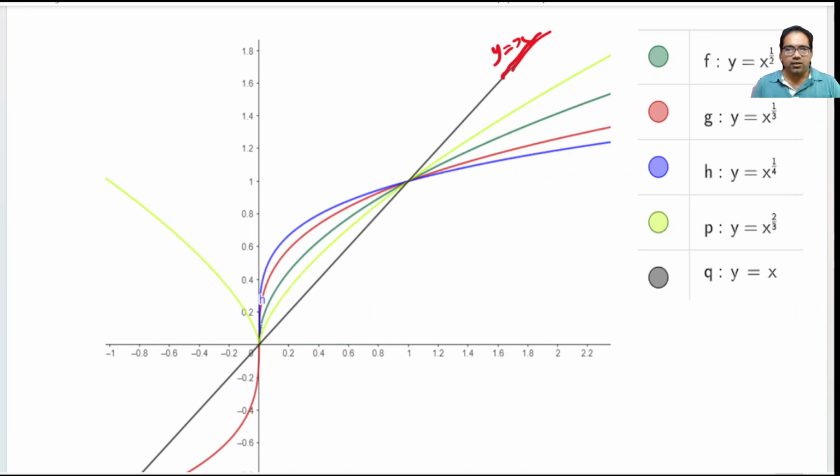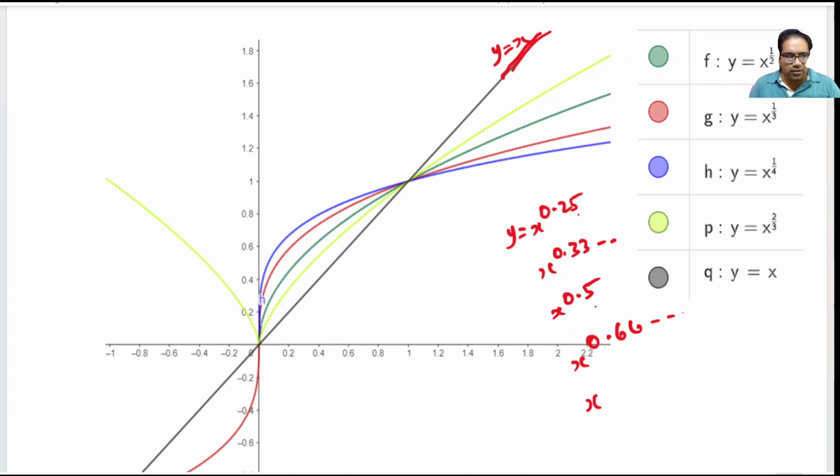Now let us try to draw y equal to x power 0.25, y equal to x power 0.3333, x power 0.5, x power 0.6666, something like this. In the increasing order, x power 0.25, 0.3, 0.5, 0.6666. Okay, now this is y equal to x.